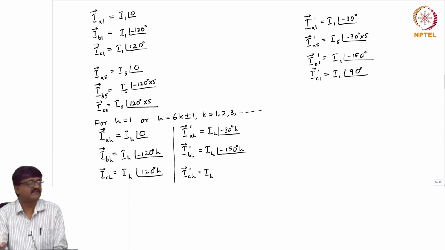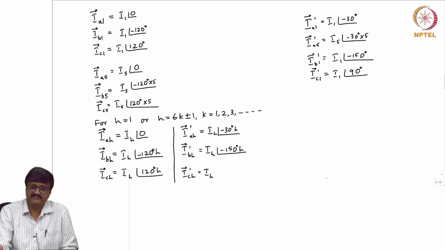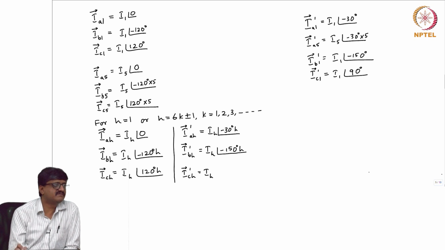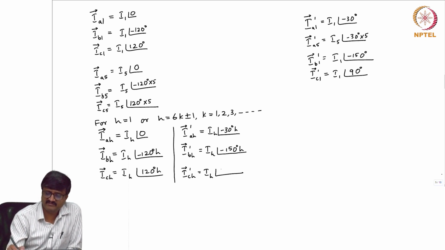From that I get IB5 prime, IB7 prime, IC5 prime, IC7 prime and so on. It is just multiplying that by h. Now, are these things familiar? How multiplying by h gives the phase angle? So ICH prime has a phase angle of 90 degrees into h.